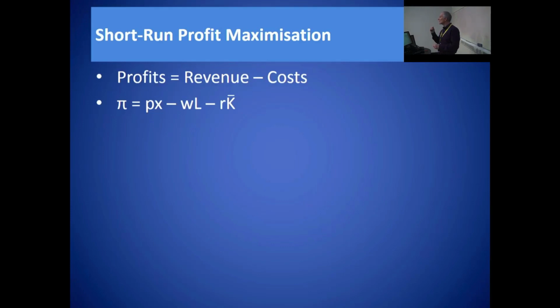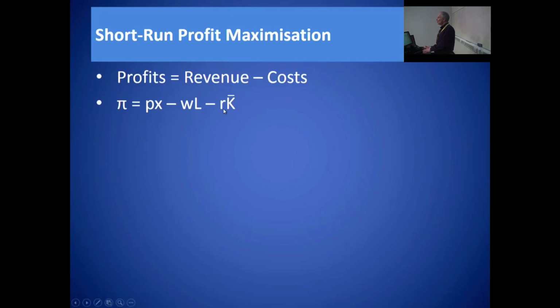Capital is the fixed factor of production. So, the variable cost is the cost of employing labour. That's the wage rate, W, which is the unit cost of labour, times L, the number of units of labour employed. So W times L is the total wage bill.